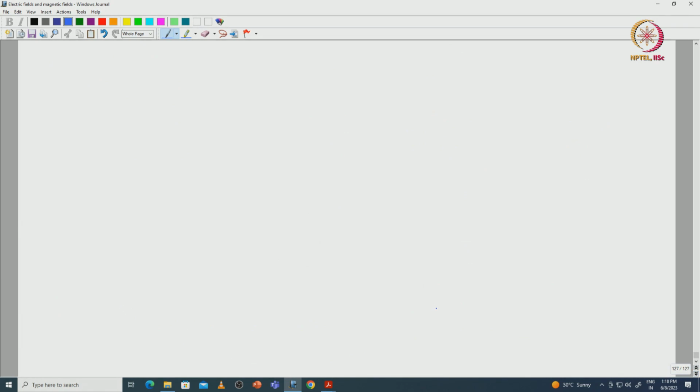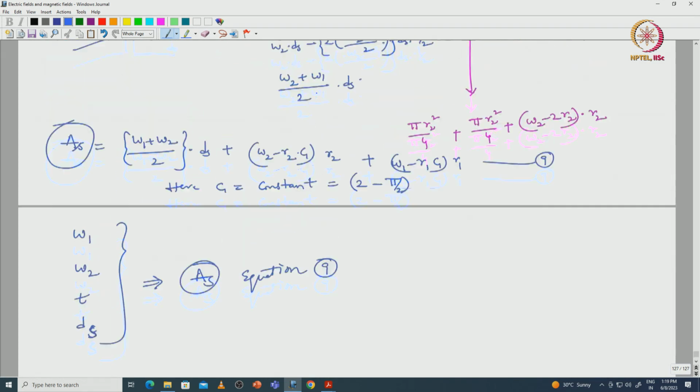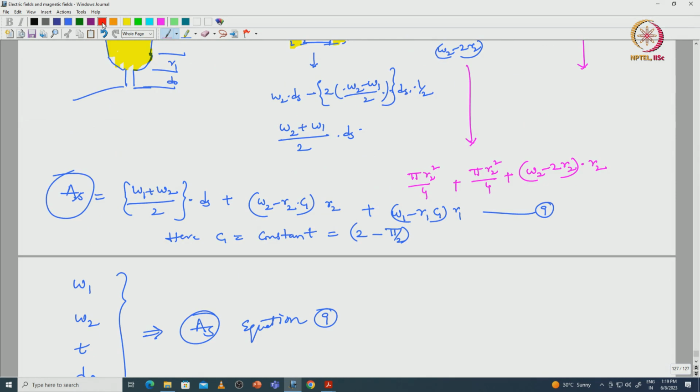Okay. From equation 9 and equation 4 to 8, we have to find now what is W1 and W2 and what is T and what is ds. All these things we have to substitute in area of the slot equation, that is equation number 9. So, equation 9 involves the W1 and W2 and ds, and these 3 are the unknowns.